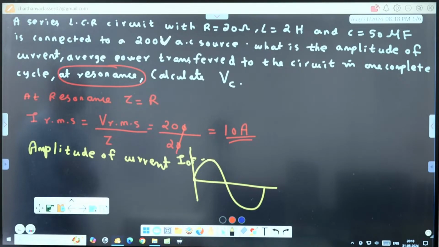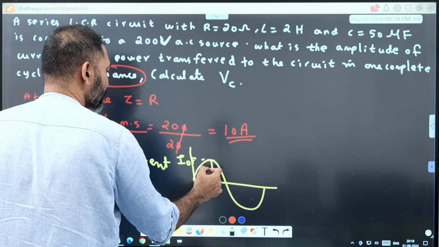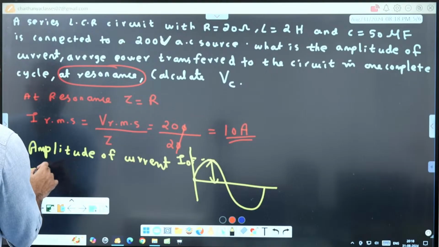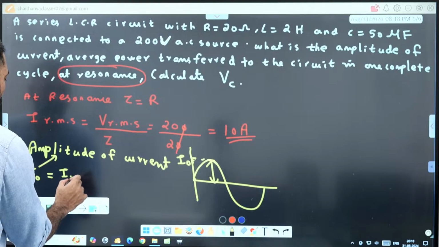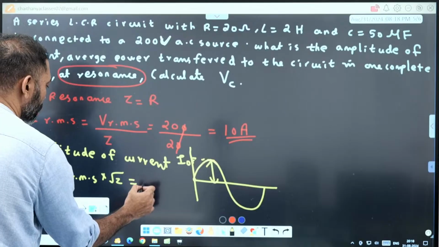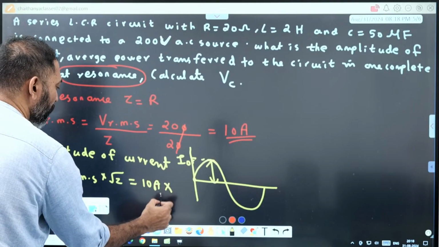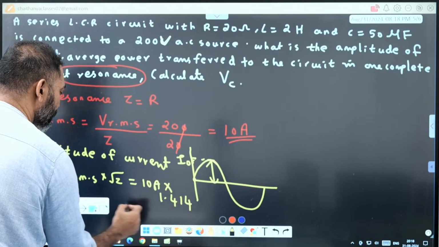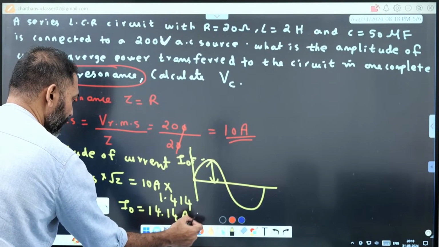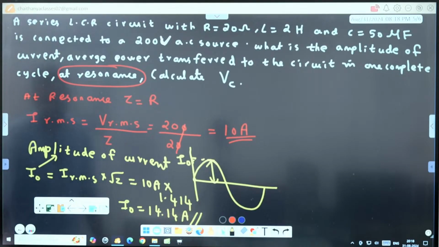Many students thought amplitude is IRMS. Wrong. I0 equals IRMS into root 2, which is 10 ampere into 1.414, so I0 is 14.14 ampere. That is the amplitude of the current. Any doubt?